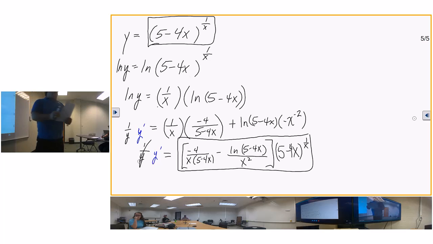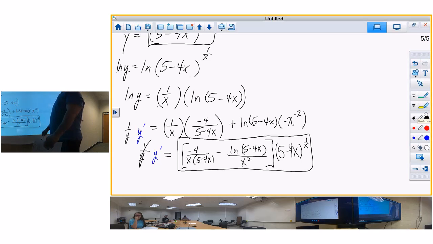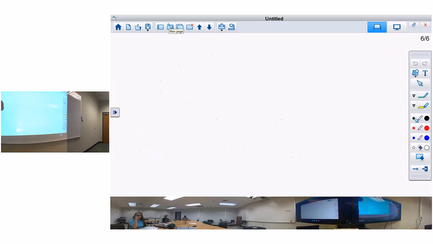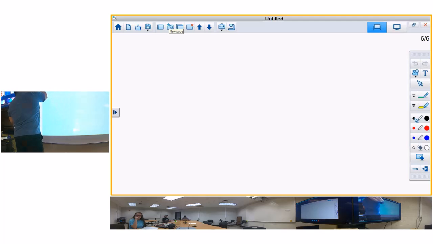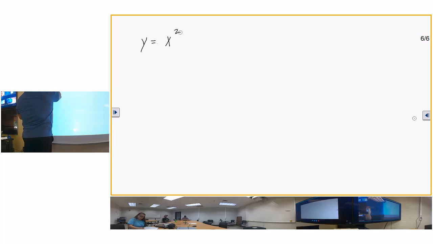All right, let's do another one. All right, this one you probably just go ahead and quit. Not even try. Because it's complicated. Y is equal to x squared times the sine of x.